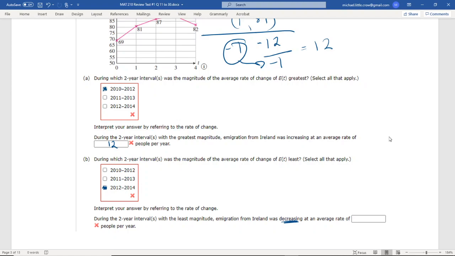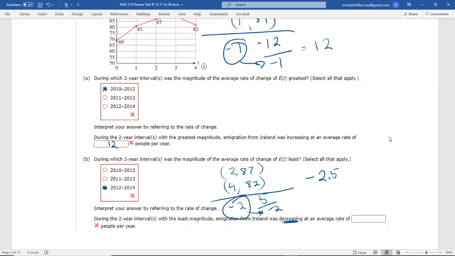When we do the calculation, you can see it's going to be year 2 and 87, and then year 4 and 82. You can just subtract the x's, that gives us -2. Subtract the y's, that gives us a +5, and then divide by the -2. That gives us a decrease of 2.5.